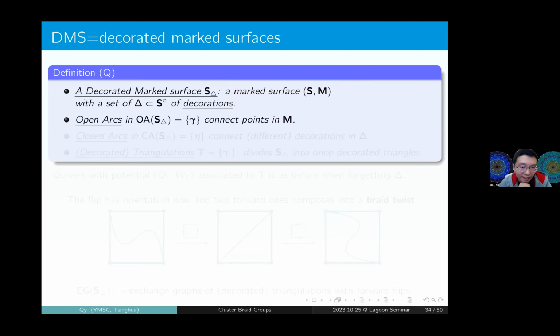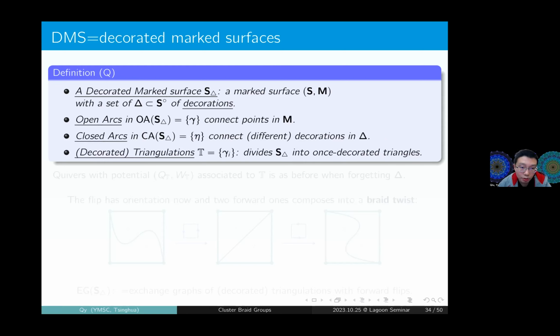After you add the decoration, you still have the open arcs as before, connecting marked points to marked points in M. But because we have the new decoration, you also have another type of arc, which we call a closed arc. And we will consider the set of closed arcs which have distinct endpoints.